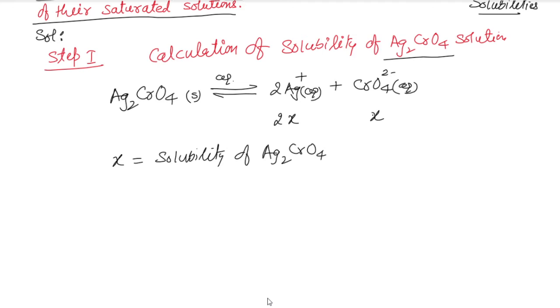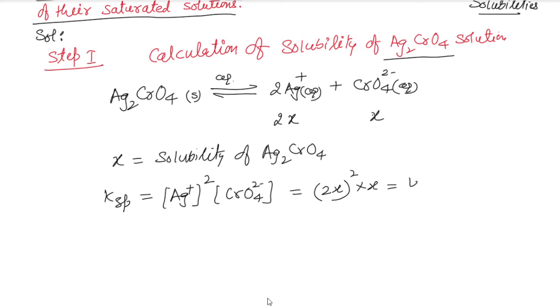To write Ksp, Ag plus ion concentration raised to power 2, chromate ion concentration raised to power 1. So 2x raised to power 2 into x, that is 4x cube.